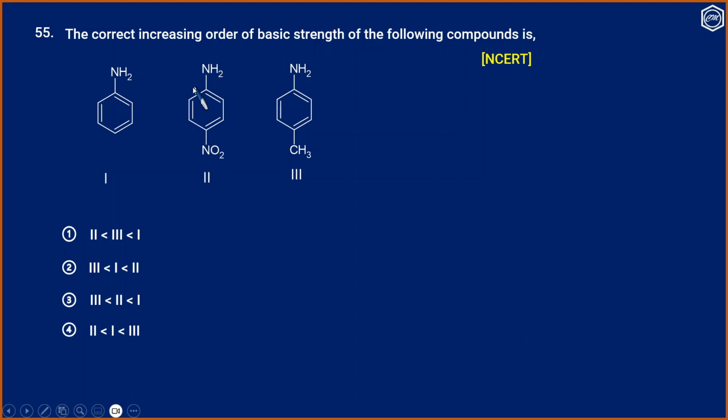So therefore compound 2 will be less basic than compound 1. And here it is a CH3 group, so that is an electron donating group. So among these, 3 will be most basic. So least basic should be the second one, then comes the first one, and then comes the third one. So that is the correct order. So option 4 is the correct order.